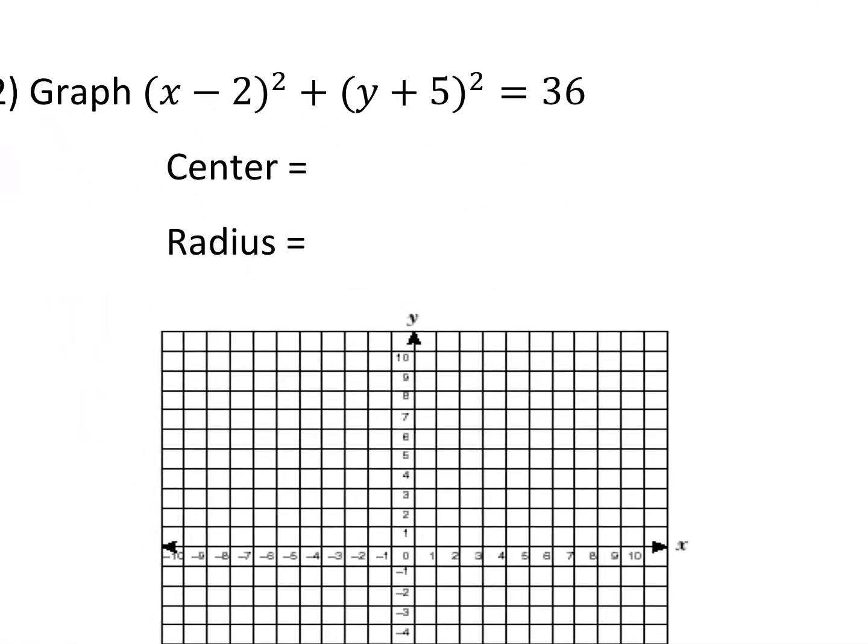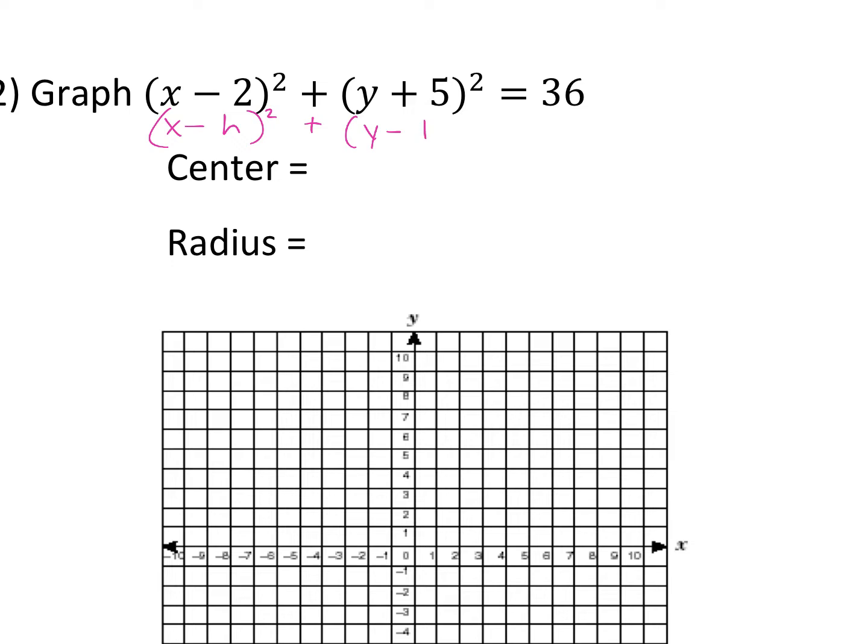Look at the next one. Now, you've got to stop and think about this a little bit. It's (x minus h) squared plus (y minus k) squared equals the radius squared. So your center, which we said is (h, k), what is your center right now? (2, -5). And that's where people always make the mistake. It's opposite of what it looks like. It looks like it's a -2, but the formula is x minus your h value.